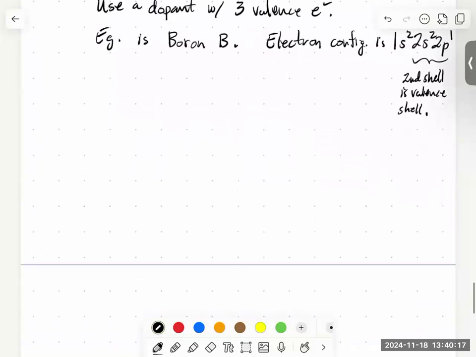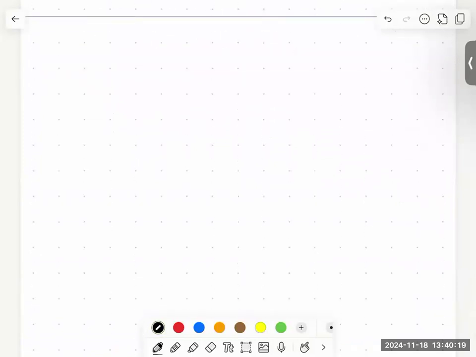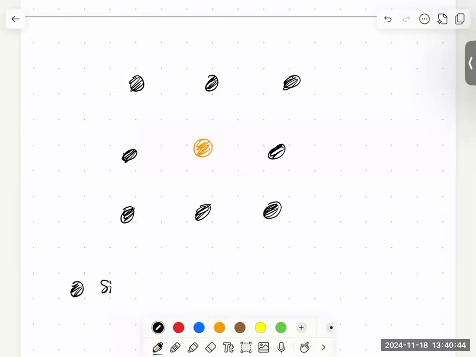Okay, so we'll draw the same picture again. I'll draw 8 silicon nuclei with 10 core electrons, and then I'll draw a boron dopant that's going to have 3 valence electrons. So the silicon nucleus plus 10 core electrons, as always, has charge plus 4.